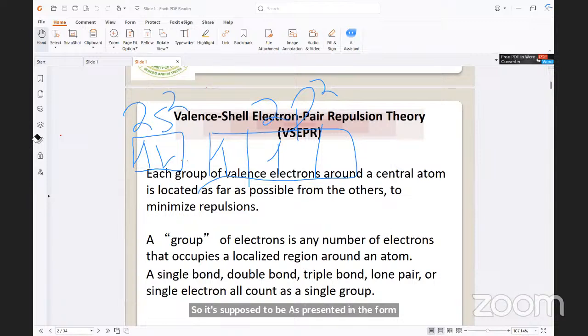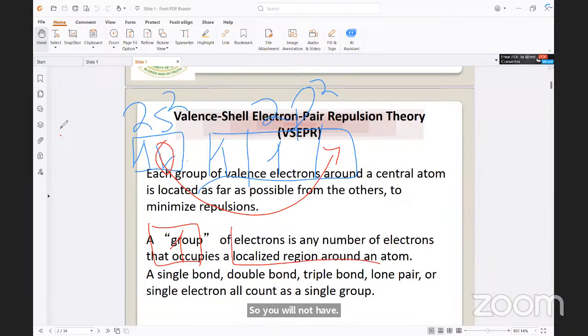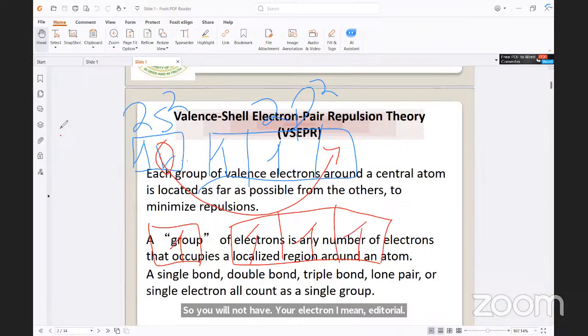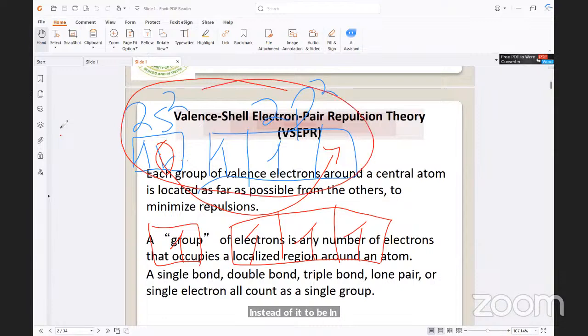Now, in valence shell electron pair repulsion theory, the theory says that this electron here is promoted there, is repelled. It's far away from each other. So you will now have your electronic configuration in that form instead of this form.